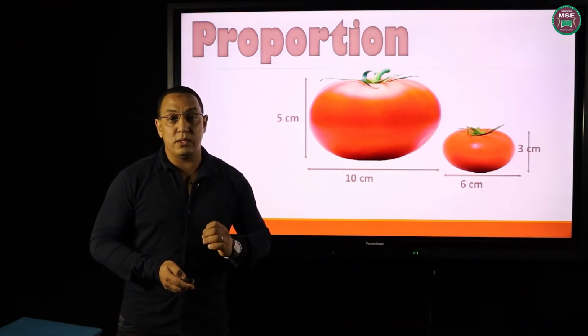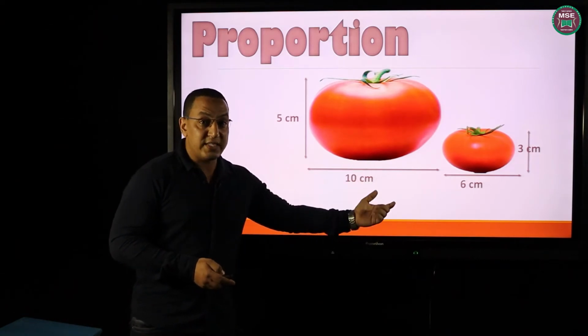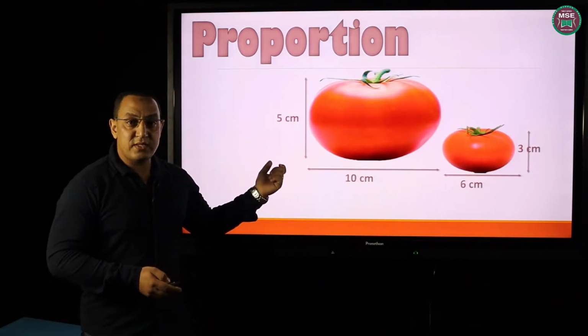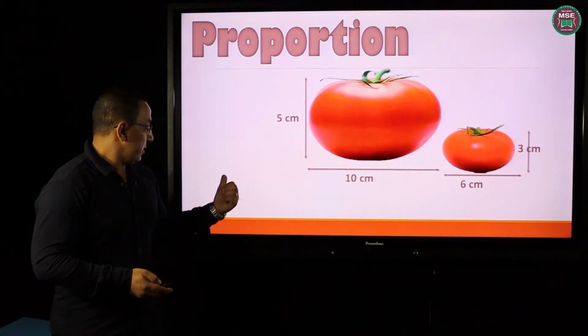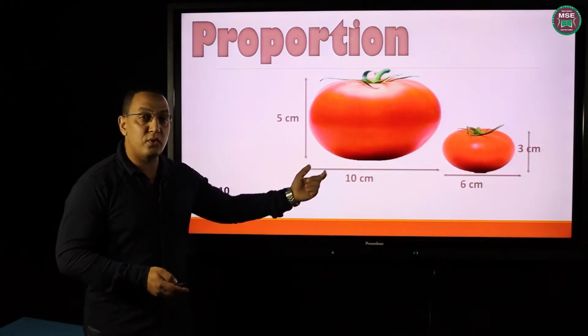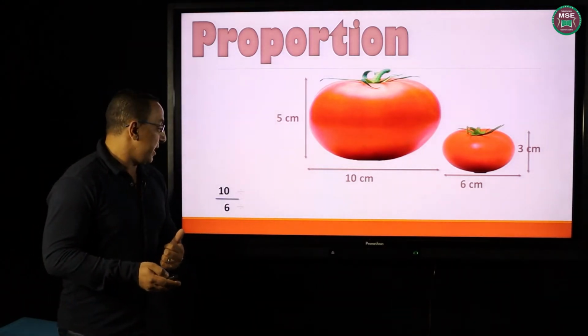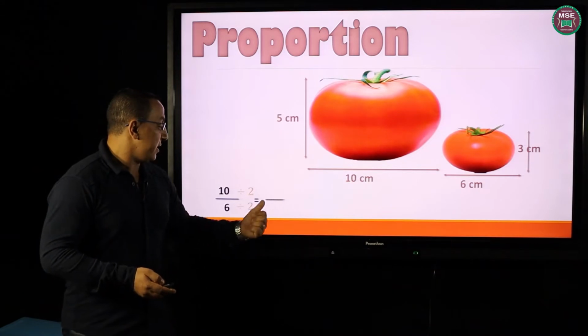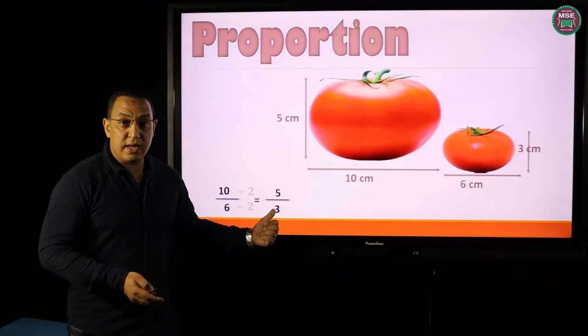Now what am I going to do? I'm going to compare the length of the first by the length of the second and the width of the first by the width of the second, like this. We have now 10 over 6. This is the length over the length. By dividing both terms of the ratio by 2, it will be 5 over 3, like this.